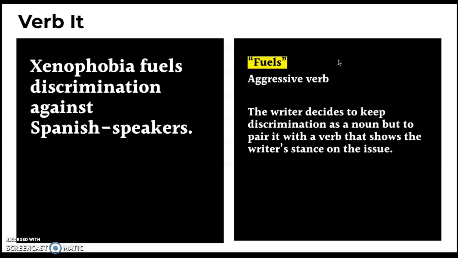Xenophobia fuels discrimination, right? So you could even end there. You could put a period after discrimination. But again, those three words are filled with a lot of tension already. A lot of impact.